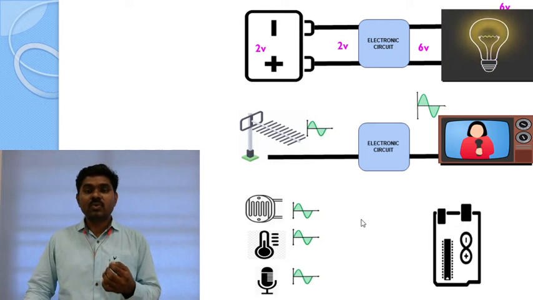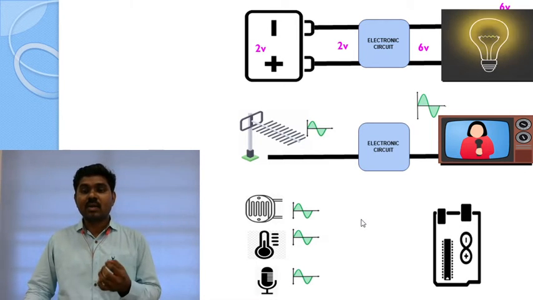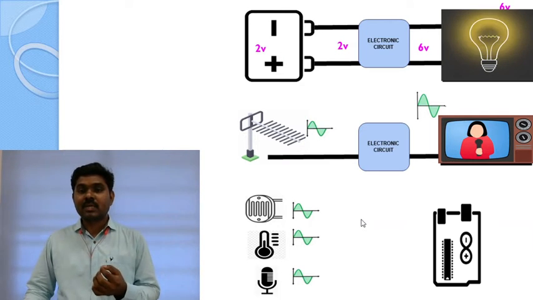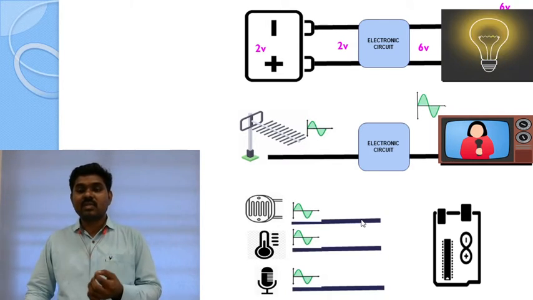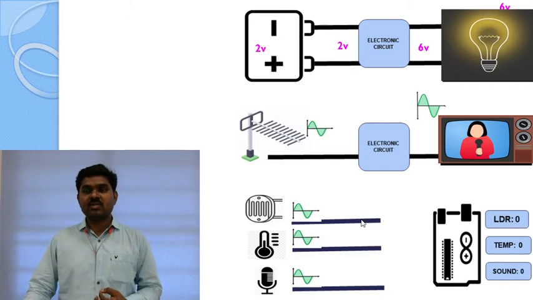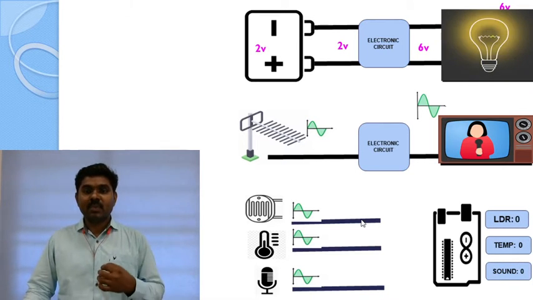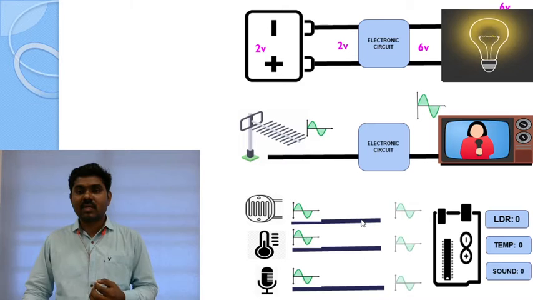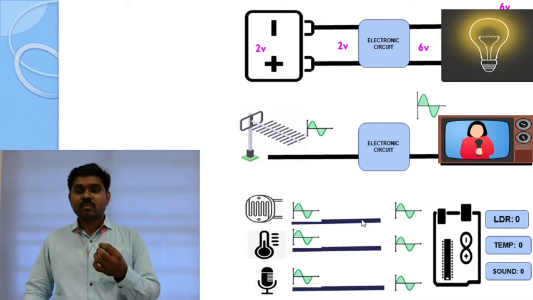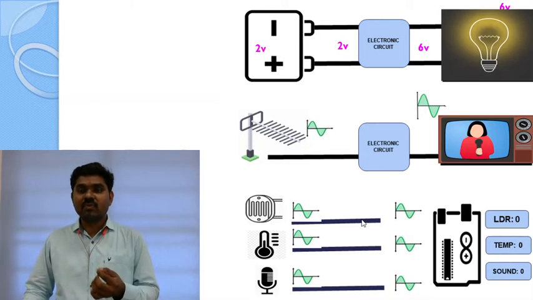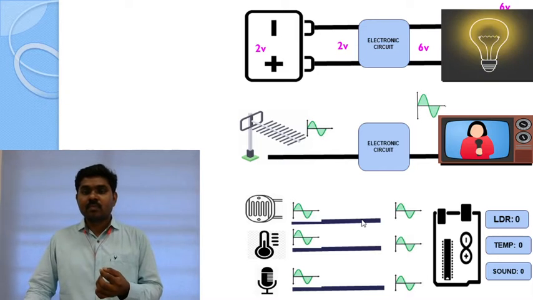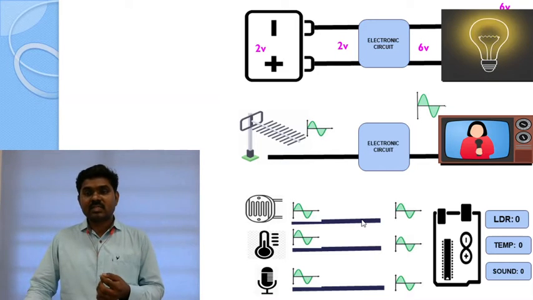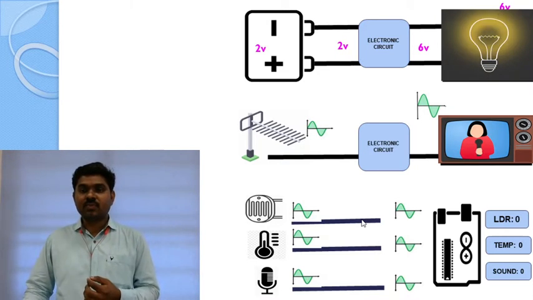Now I am going to use an Arduino microcontroller to read and display all the sensor values in digital. Let's see the values of all the sensors. It's all 0. Why? Because the microcontroller is unable to read the small amount of electrical signal. So all the sensors' output will be 0.